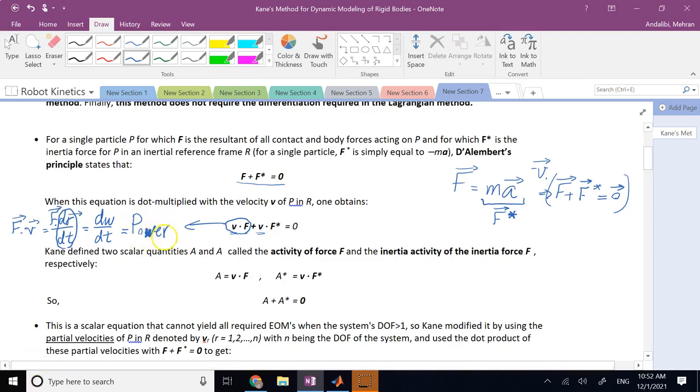So it says the power injected into the system through the external forces and torques is equal to the power that the system has due to its acceleration, or due to the inertial acceleration terms or inertial forces.